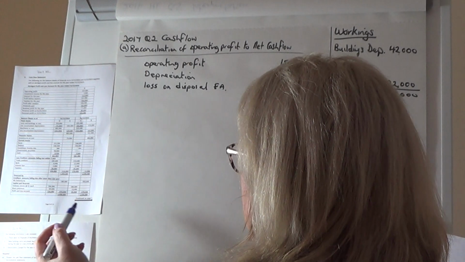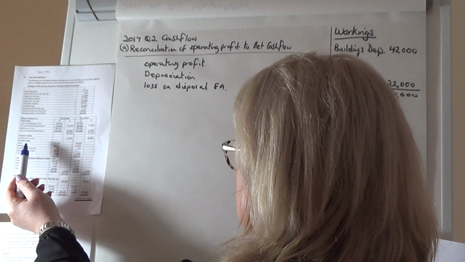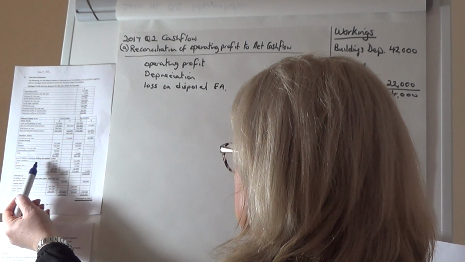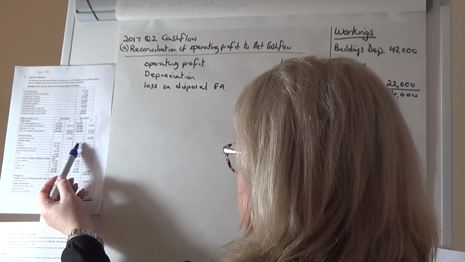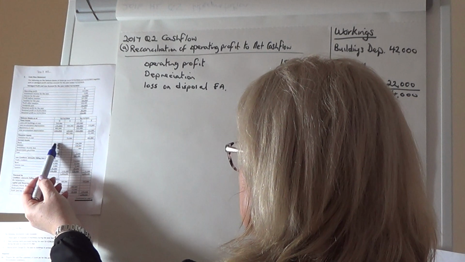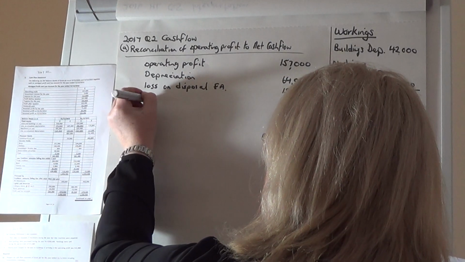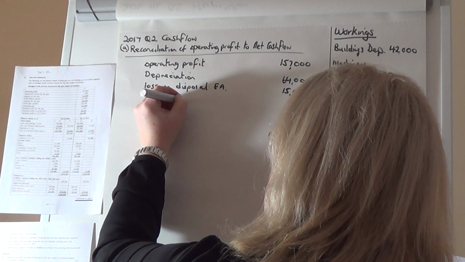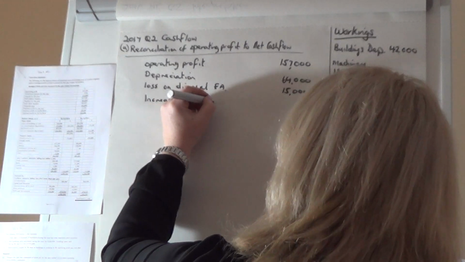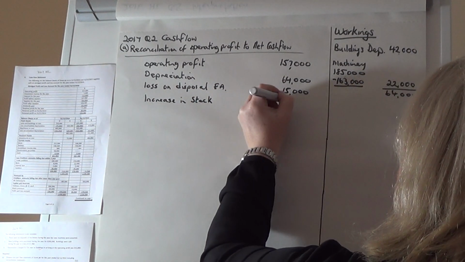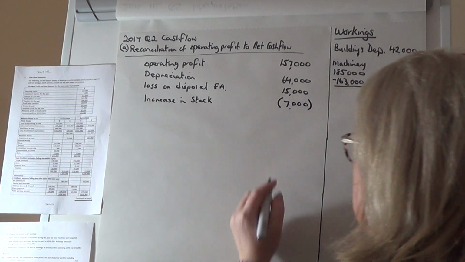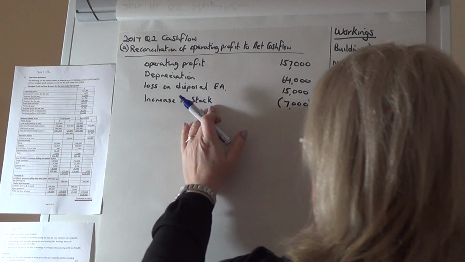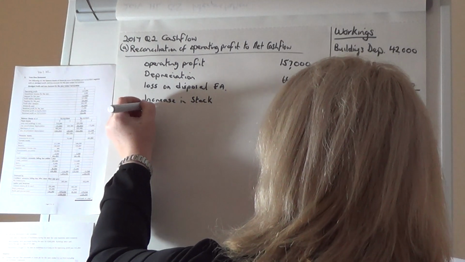Then we have to look at stock, debtors and creditors and the movement in those. So if we take our stock, first of all, it moved from 144,000 to 151, so that's an increase in stock, and the value on that was 7,000, and we minus that figure here because an increase in a current asset will reduce your cash flow.